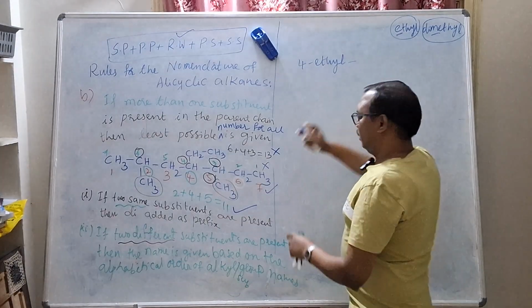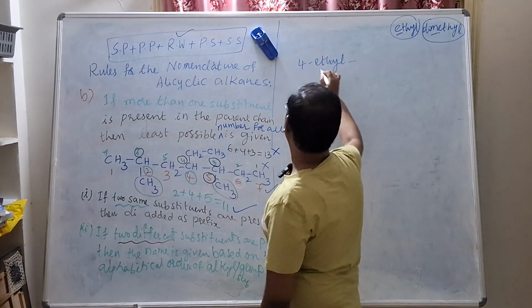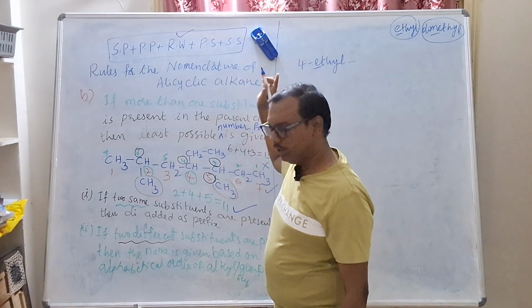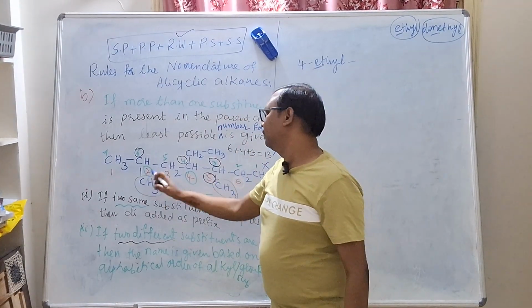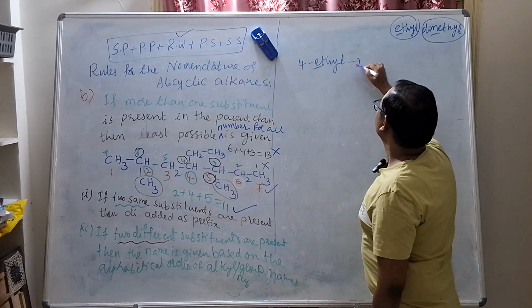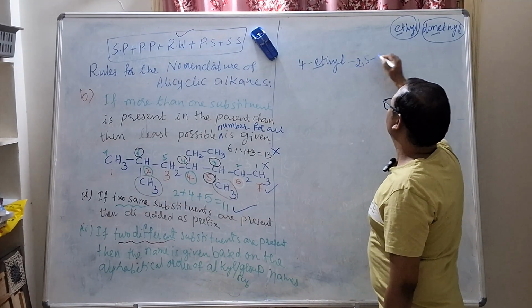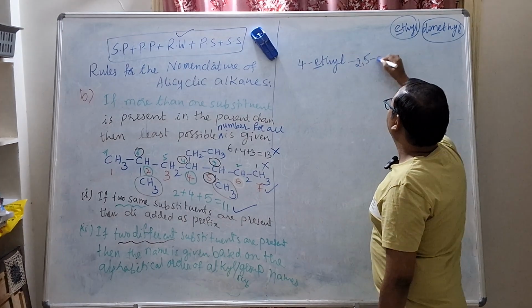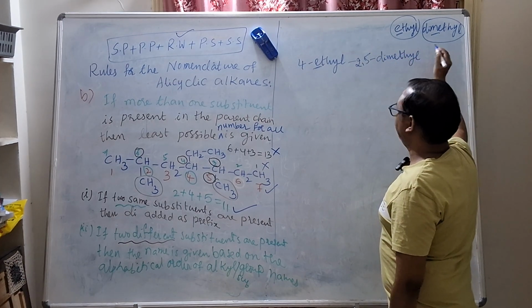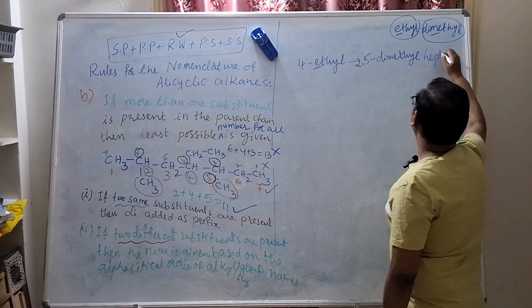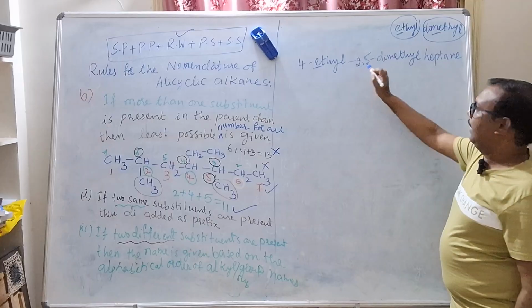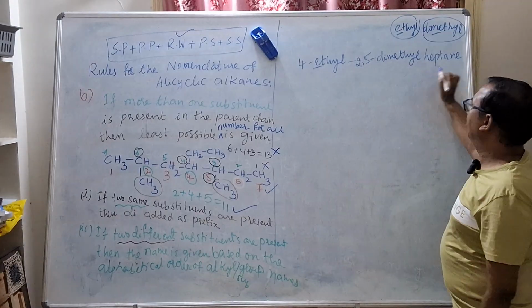Next, then methyl should come, because alphabetical order E comes first. Therefore, that alkyl group you have to write first. Then after what comes here? 2, 5 dimethyl. Second position methyl is there, fifth position, 2, 5 dimethyl heptane. See, 4 ethyl, 2, 5 dimethyl heptane.